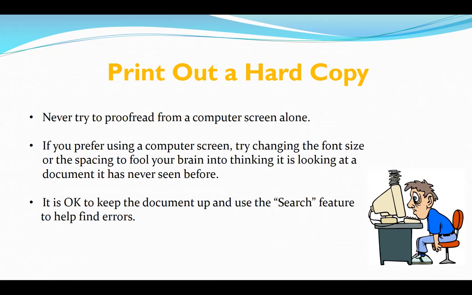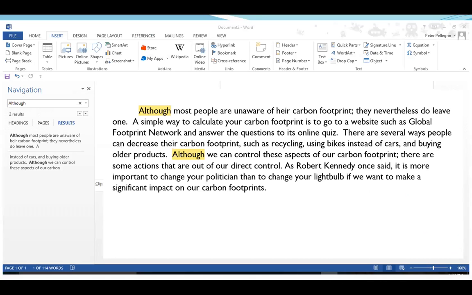And it's okay to keep the document up and use the search feature to help find errors. So for example, this is an MS Word document, so you can do a word search. I call it up and I type in the word "although" to see what happens. "Although most people are unaware of, there's a spelling error, should be their carbon footprint, they nevertheless do leave one."